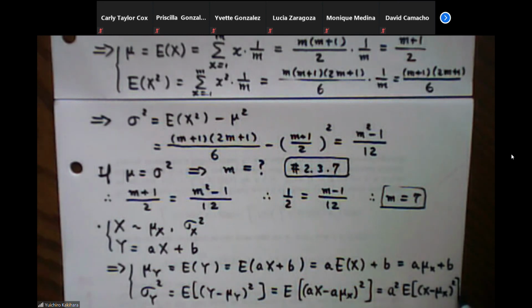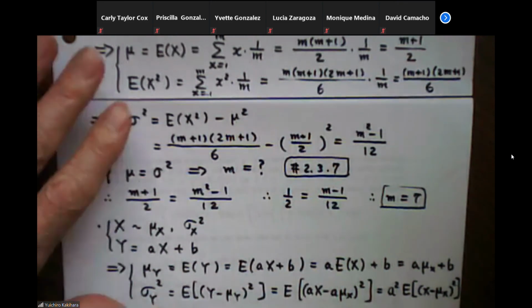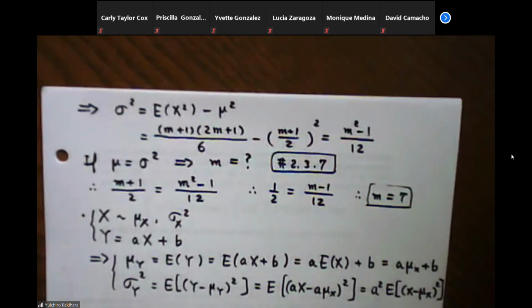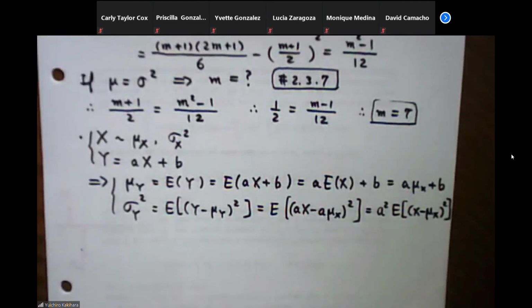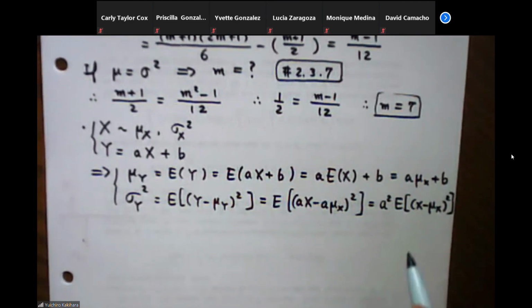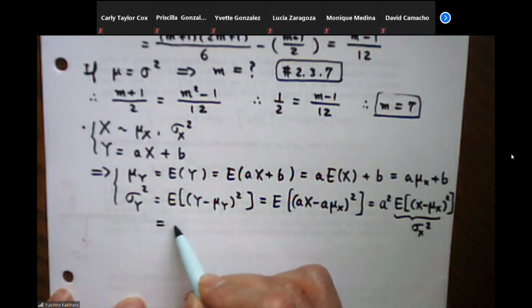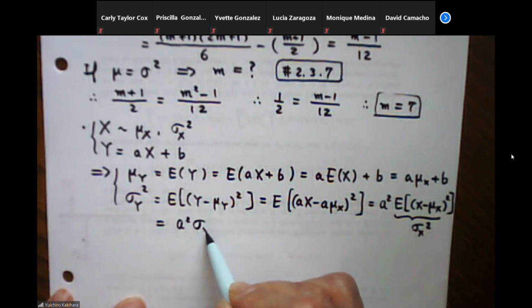Do you agree? But what is this? This is exactly sigma x squared, right? So this is equal to a squared times sigma sub x squared. And this is the result.